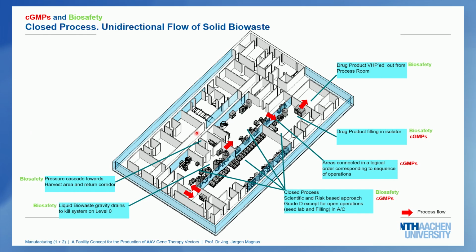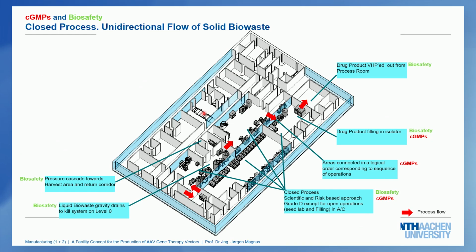Therefore we have this pressure cascade and also these material airlocks here. So the clean team would put the used single-use equipment into the airlock, then close the door, and then the dirty team would receive it from the other side. After a few minutes, they can open this door again and then take out the used single-use equipment and bring it into the autoclave. So that's also biosafety aspects.